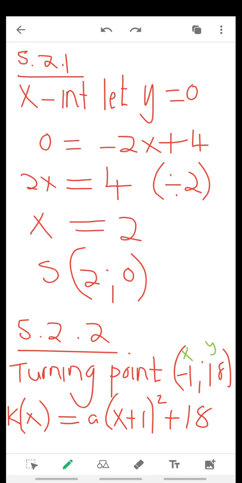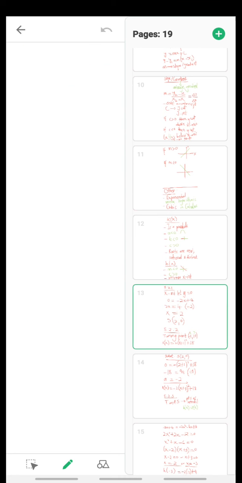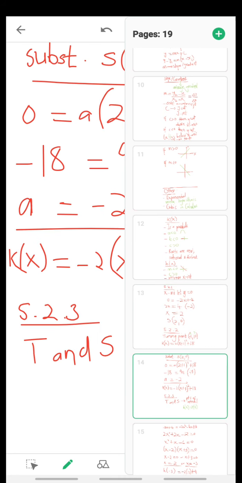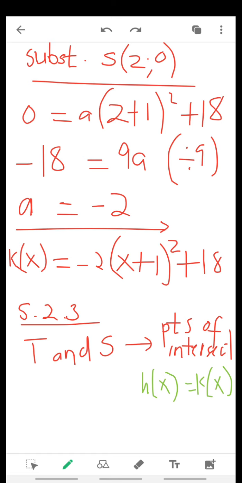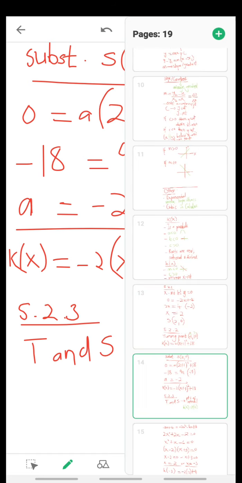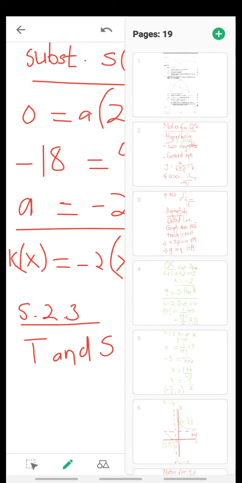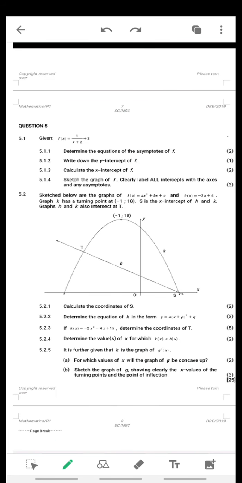But remember, for the equation, we need to know the value of a by substituting a point that lies on the function k of x. So I substituted s, which is (2; 0), because s was actually one of the x-intercepts of the function k.